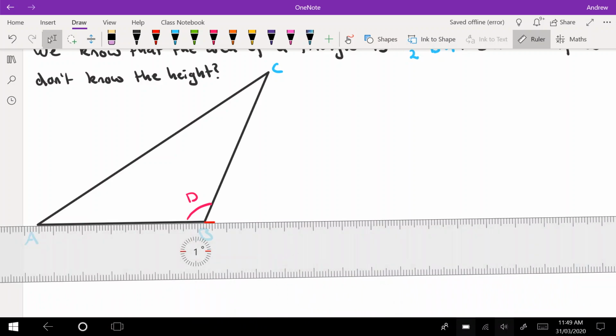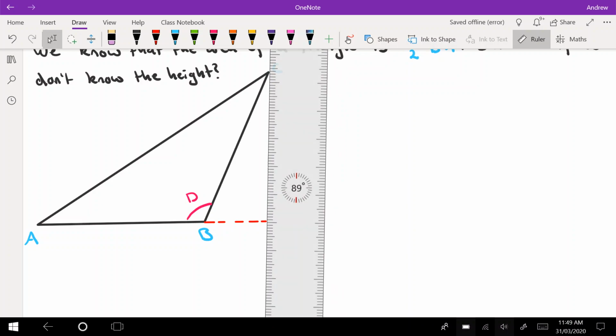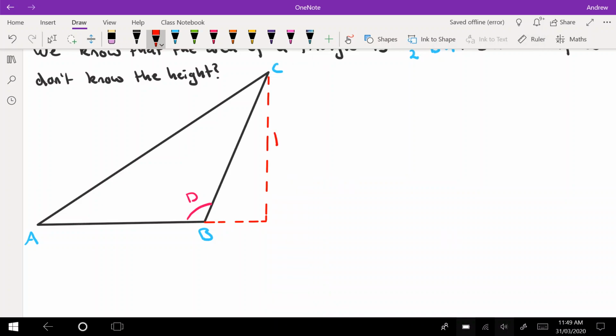Okay, so let's go across like that, because I can know the base. The base is just going to be AB. But the height is what I don't know. So this is going to be the height of my triangle. And this here, this length AB, is the base.